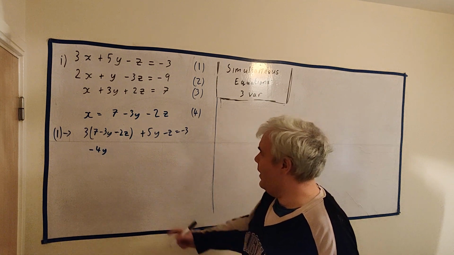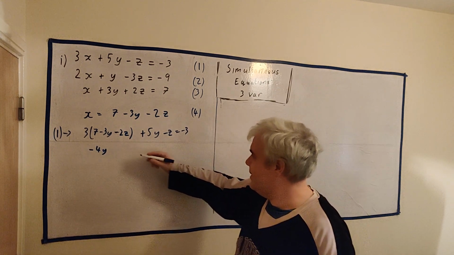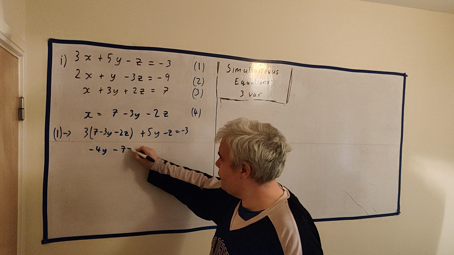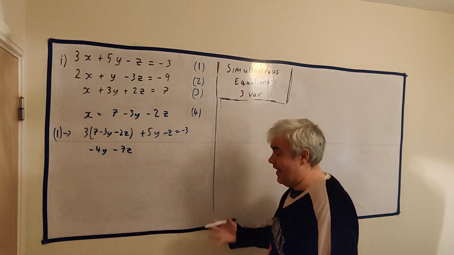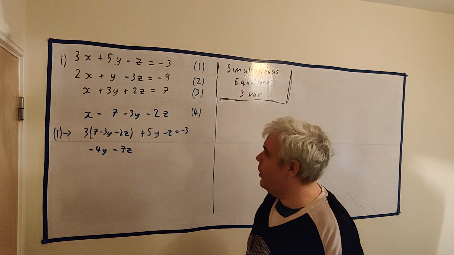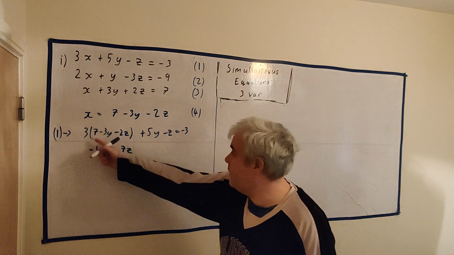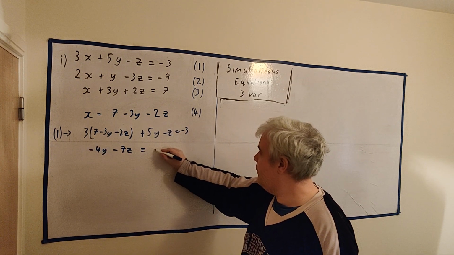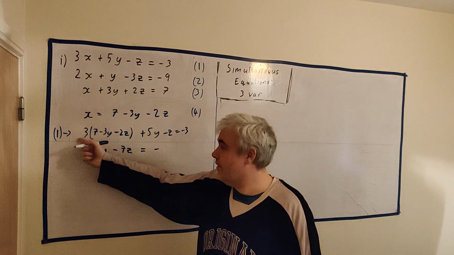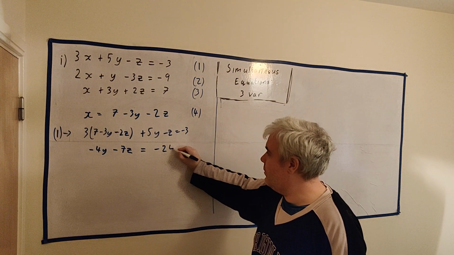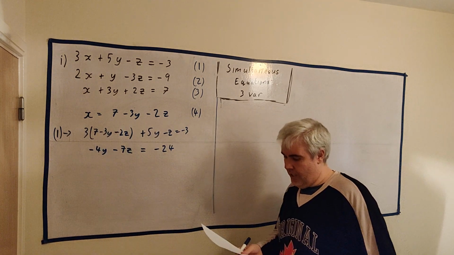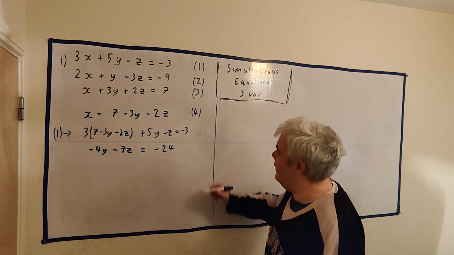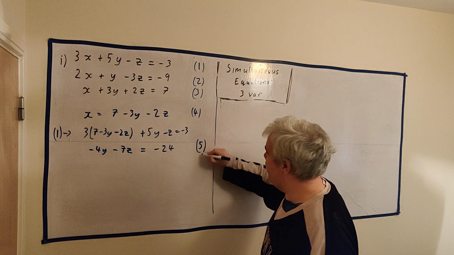All the z's, we have minus 7z. All the numbers, we have 21 equals minus 3. Take away another 21, I'll get minus 24. Okay, that agrees with what I had. I'll call that equation 5.